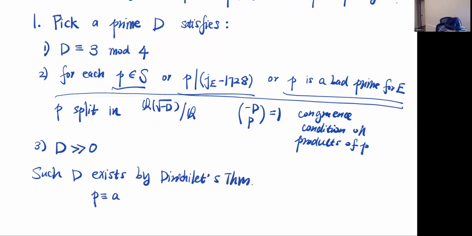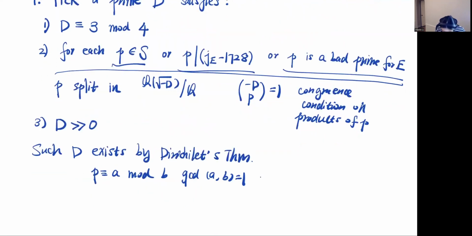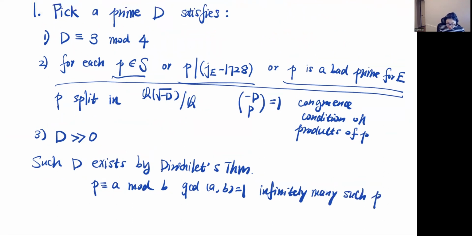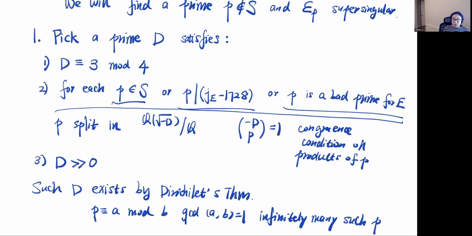If B is congruent to A mod B such that the GCD of A and B is 1, then there are infinitely many such primes P. So by Dirichlet's theorem, if I give you a congruence condition, P congruent to A mod B, as long as A and B are coprime, then there are infinitely many such primes in these congruence classes.